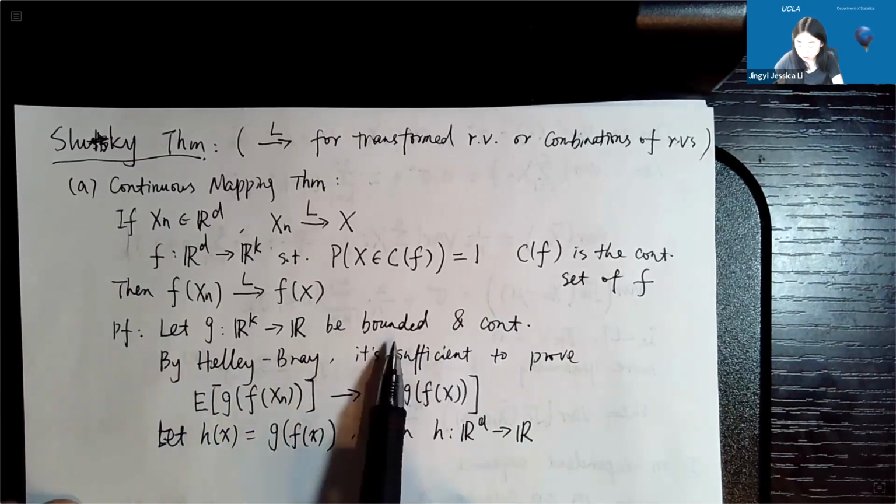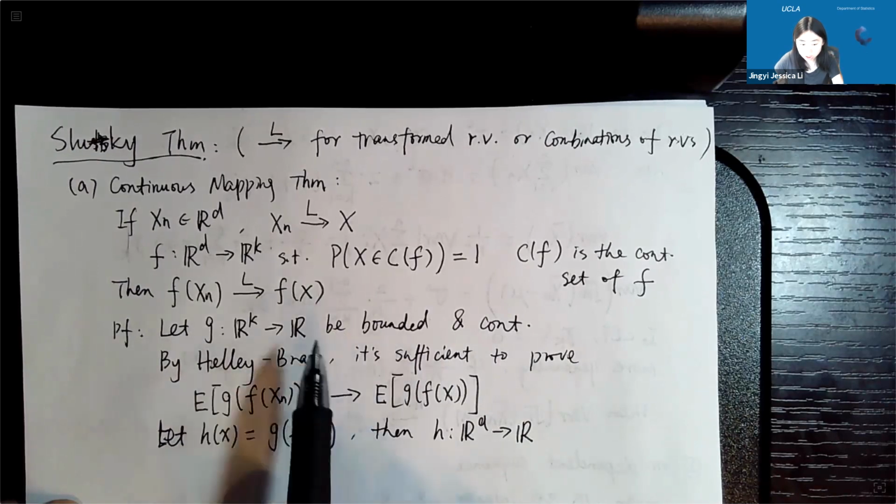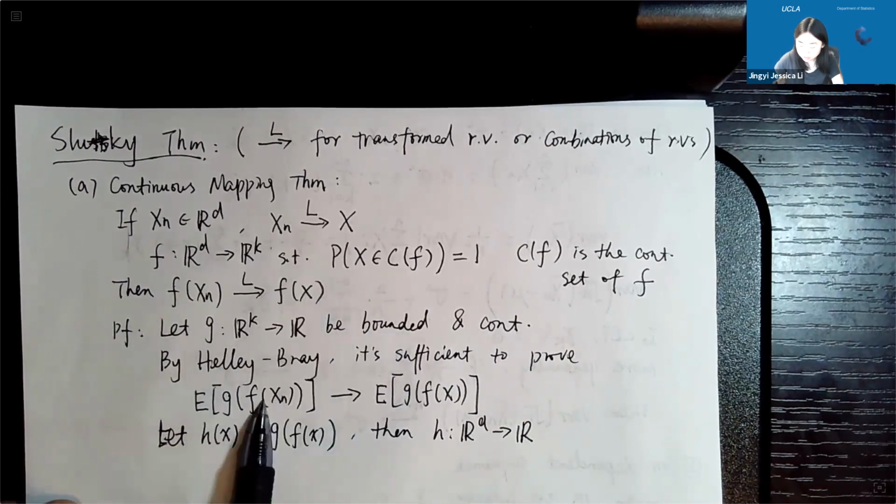Then every continuity point of F must be a continuity point of H because G itself is continuous.